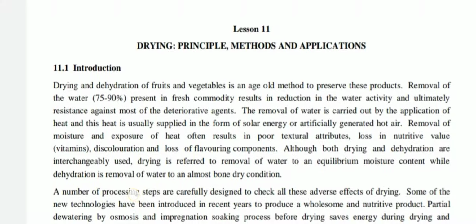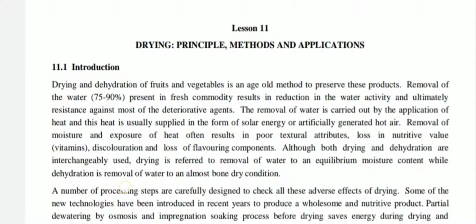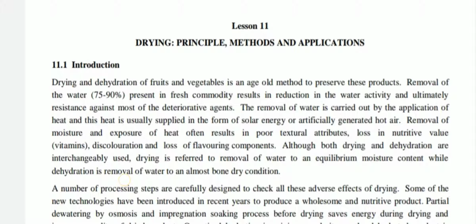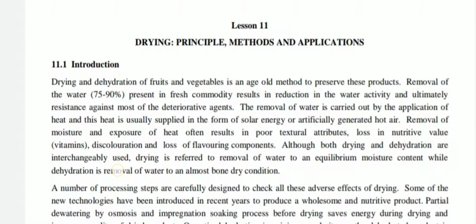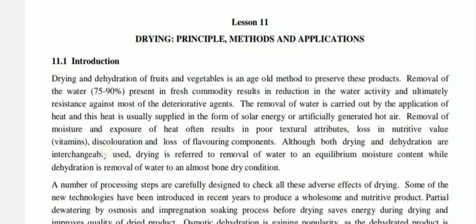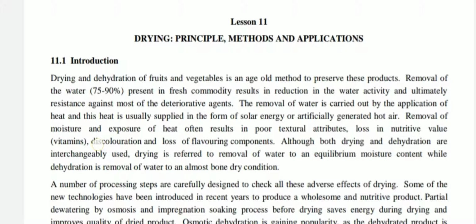Now, first is introduction. Drying and dehydration of fruits and vegetables is an age-old method to preserve these products for extended shelf life. Removal of the water, that is 75 to 90% present in fresh commodity, results in reduction in the water activity and ultimately resistance against most of the deteriorative agents.